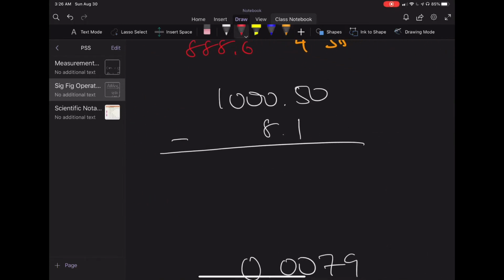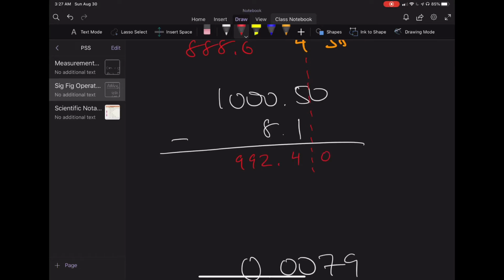Next example, 1000.50 minus 8.1. So this is where my dotted line is going to go. 1000.50 minus 8.1. My calculator tells me 992.4.